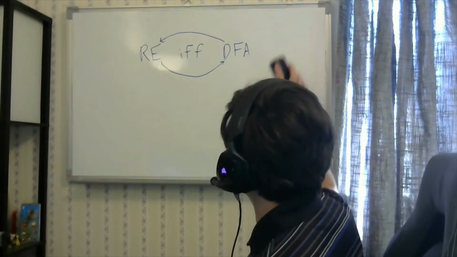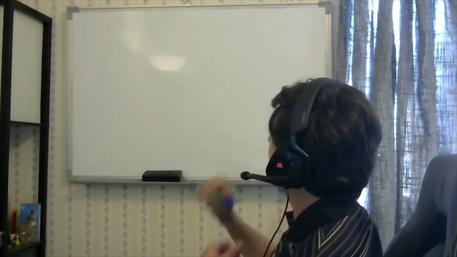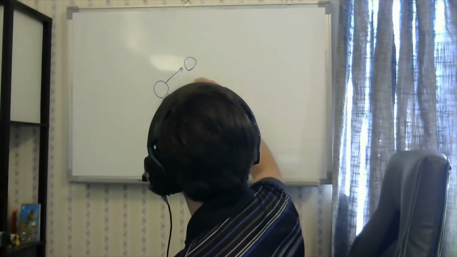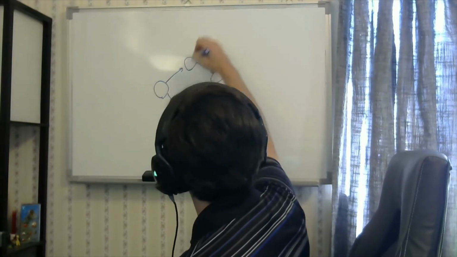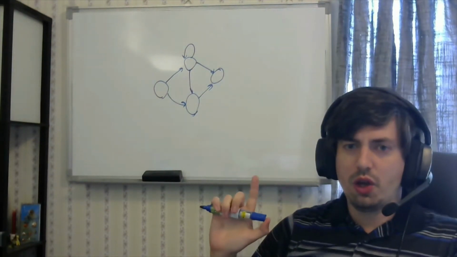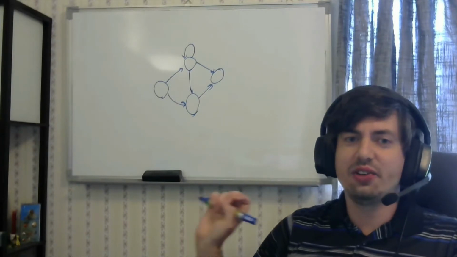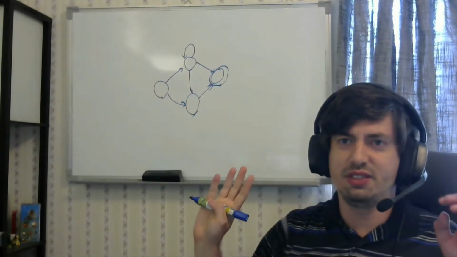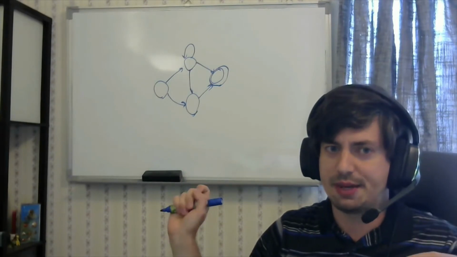So what we're going to do is show that for any deterministic finite automata, and I'm going to leave out the details here, we want to show that there is some regular expression that describes the languages that are accepted by this deterministic finite automata.